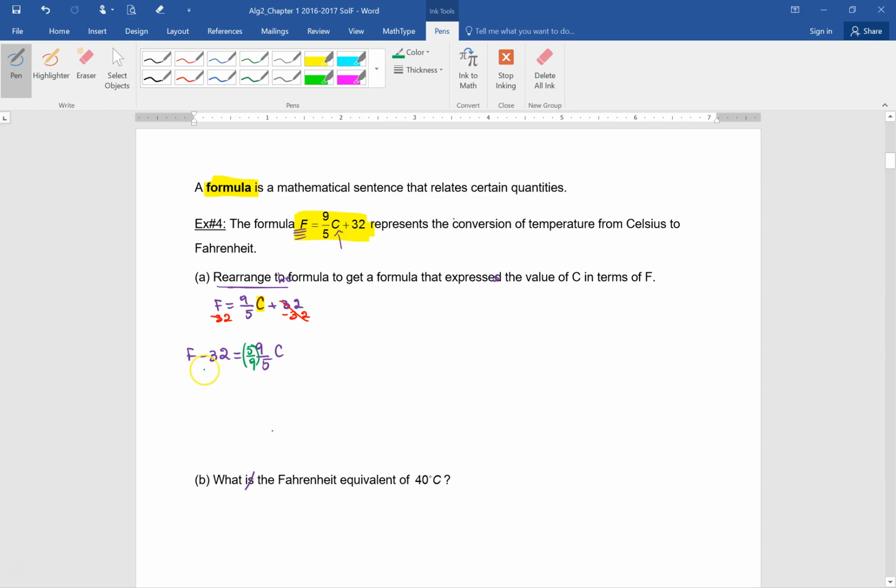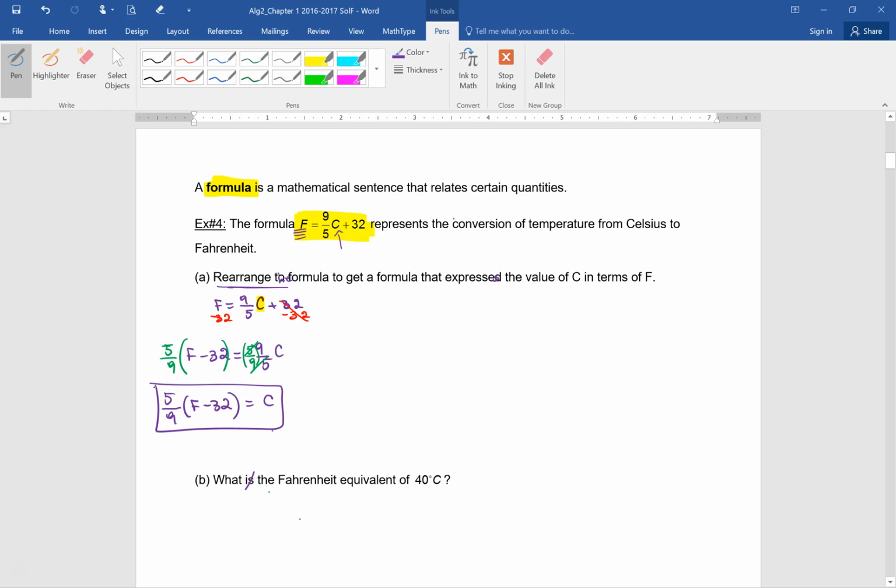Is it the F, the 32, or everything? Everything. So how do I say it's everything? Put parentheses, right? So 5 over 9. That goes away here. So now C is 5 over 9 in parentheses F minus 32.